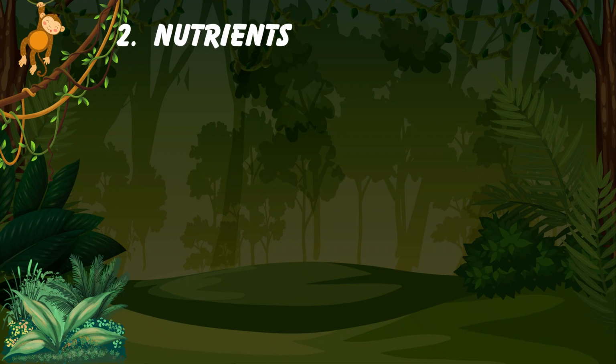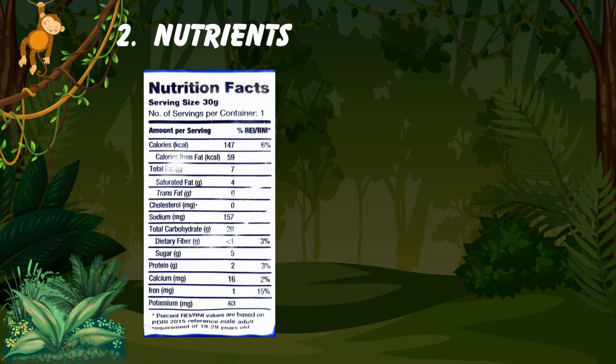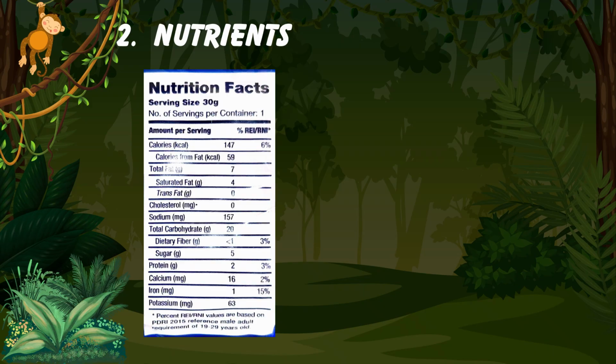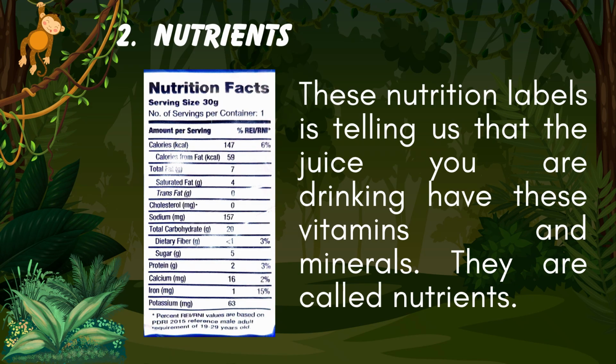Number 2, nutrients. The label is about vitamins and minerals. These nutrient labels are telling us that the juice you are drinking has these vitamins and minerals. They are called nutrients.